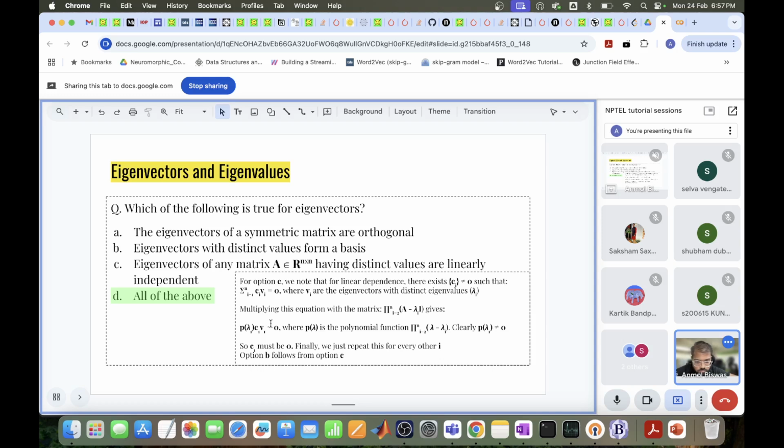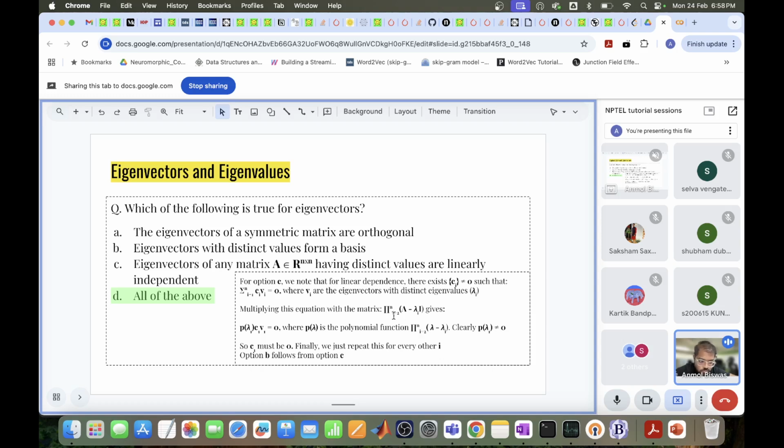So we take this equation and we multiply it. This is a proof technique that is being applied. So you take this equation and you multiply it with this polynomial, right? So this is a polynomial where you take A minus lambda I, where I is the identity matrix, multiplied n minus 1 times.